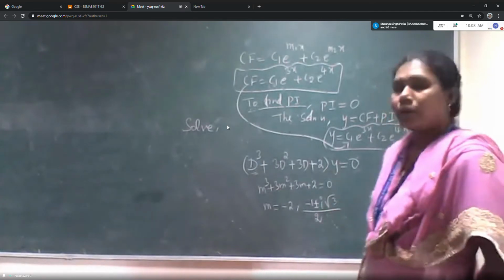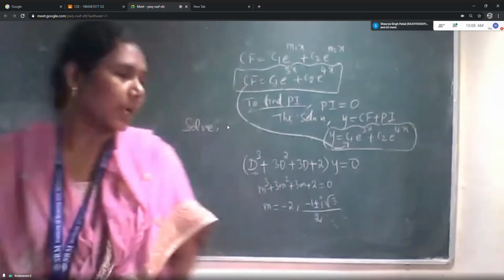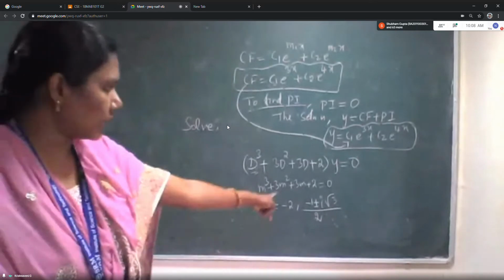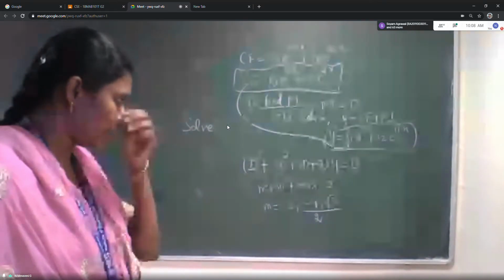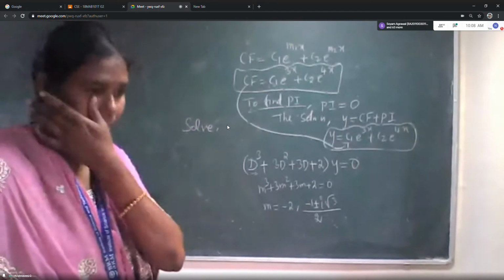Here one root is minus 2. The other roots are minus 1 by 2 plus or minus i root 3 by 2.